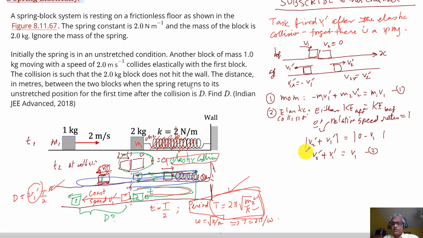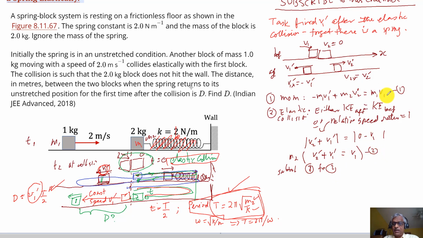I want v1, right? I don't need to care about v2, so I need to get rid of v2. To get rid of v2 prime, all I have to do is multiply this by m2 and subtract 1 from 2.